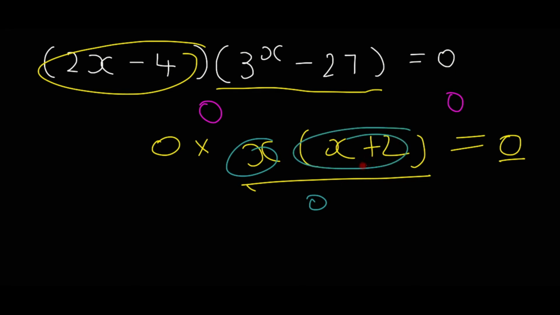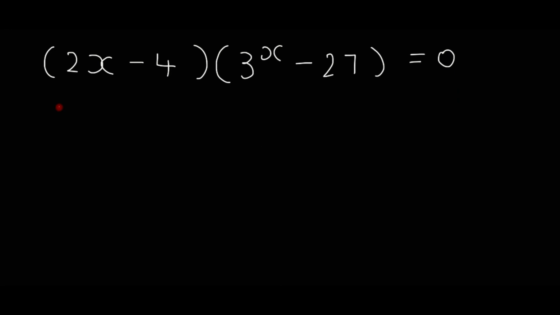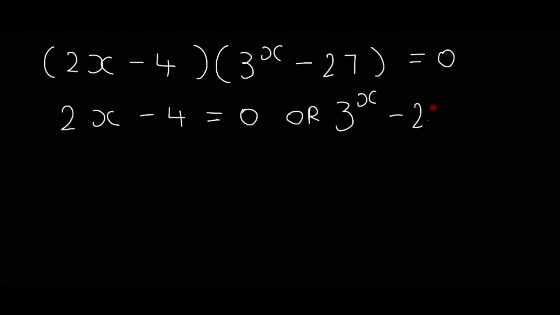And then if this is 0, even this one is 0, because the multiplier, 0 times anything, is 0. So that is why, for a 0 product, we always equate each factor to 0. So 2x minus 4 is equal to 0, and the same thing, 3 to the exponent x minus 27 is equal to 0.